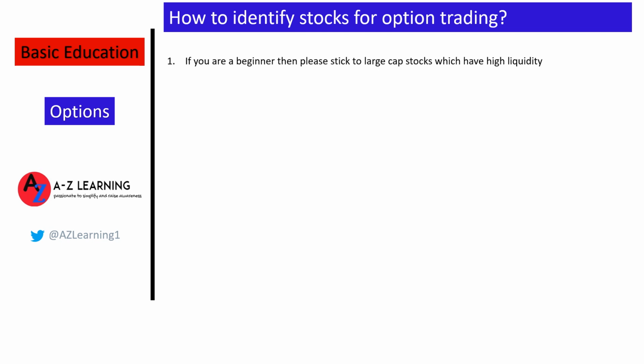So first of all, my assumption here is that you are someone who is a beginner, who's still getting his or her head around the concept of option trading. So I'm presuming you are a beginner. If you're a beginner, then I would suggest that you always learn about option trading by sticking to large cap stocks, big company stocks, which have got high liquidity so that you can buy or sell in those stocks more easily.